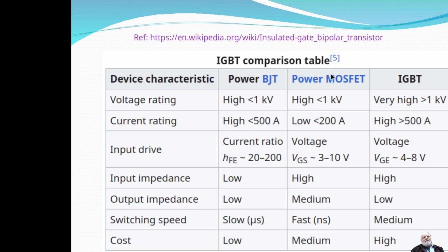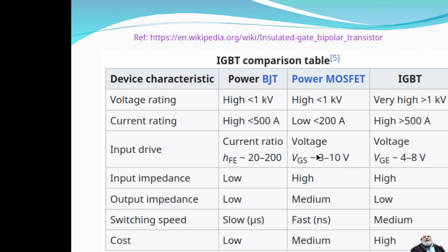So again, the downside of the power MOSFET here is that it's going to have slightly higher output impedance, which means that maybe it's going to use a little bit more power than a BJT, but it has faster switching, okay, and it maybe is going to cost a little bit more.